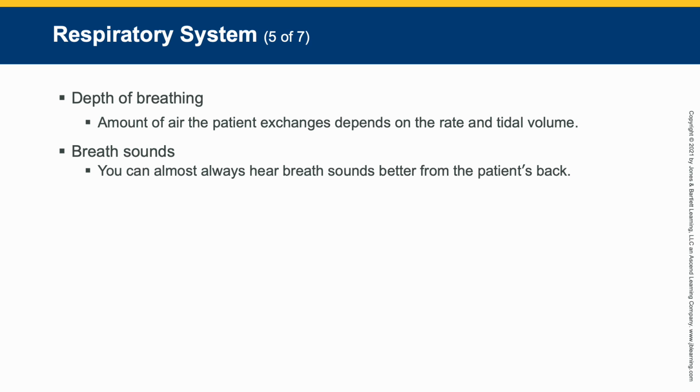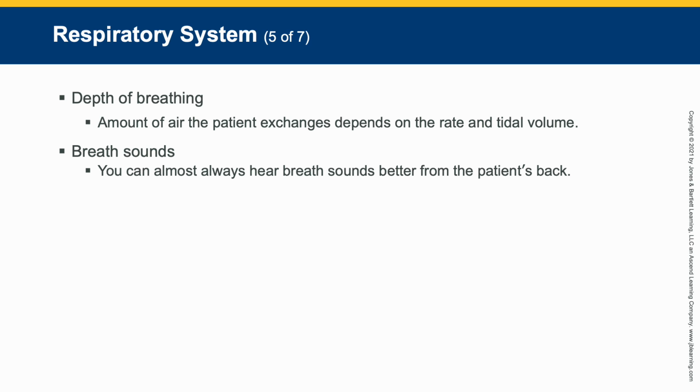A shallow respiration may mean that the patient isn't moving enough air to effectively oxygenate their body, even if the rate appears normal. Conversely, very deep breaths could indicate what we call metabolic acidosis, maybe anxiety, or maybe even a compensatory response to hypoxia.